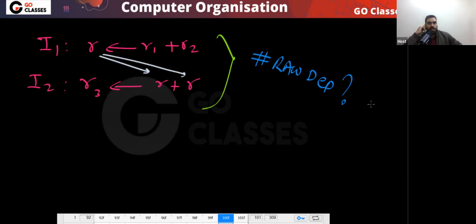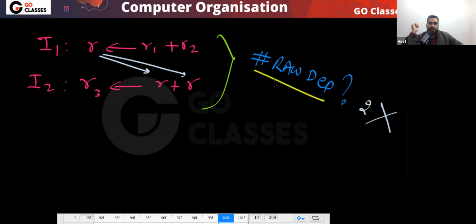Can I say the answer will be 2? No, the answer will not be 2, because dependency is defined between instructions, not between registers. This register does not matter.